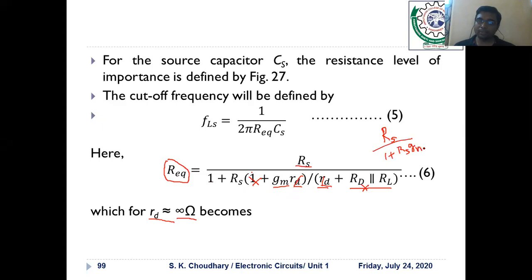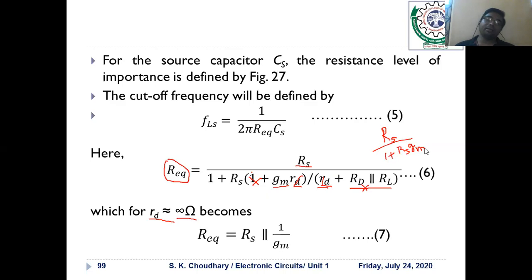Only this term remains. So you can consider R equivalent as RS parallel 1 upon GM. So your R equivalent depends upon the source resistor as well as the transconductance of the MOSFET.